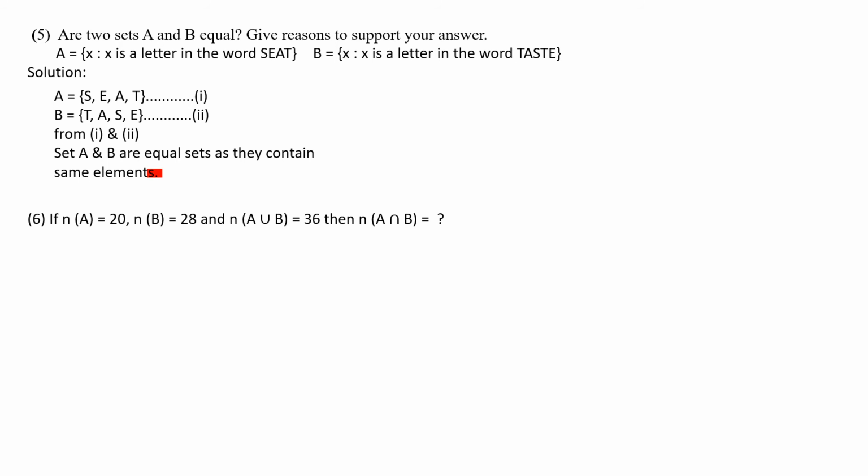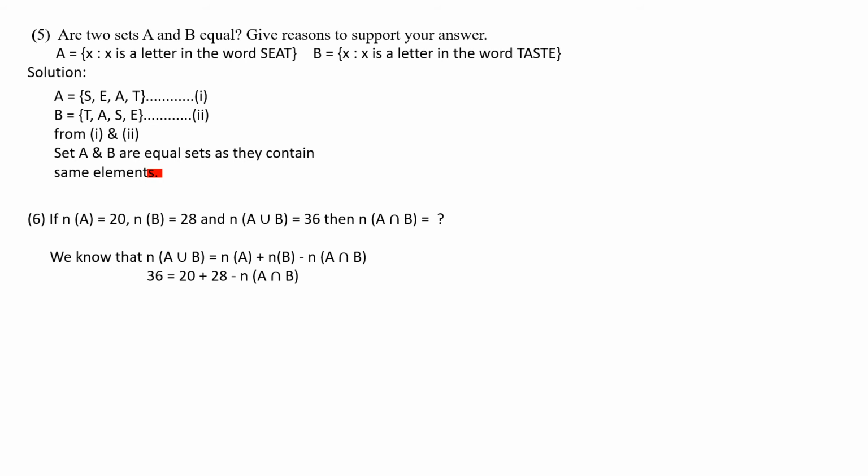So you have written. We'll move to our next question, the sixth one. Now in the sixth one, what is given? If n of A equals 20, n of B equals 28 and n of A union B equals 36, then you have to find n of A intersection B. So you have learned the formula: n of A union B equals n of A plus n of B minus n of A intersection B. So in this formula you substitute the values. 36 equals 20 plus 28 minus n of A intersection B, because this we have to find.